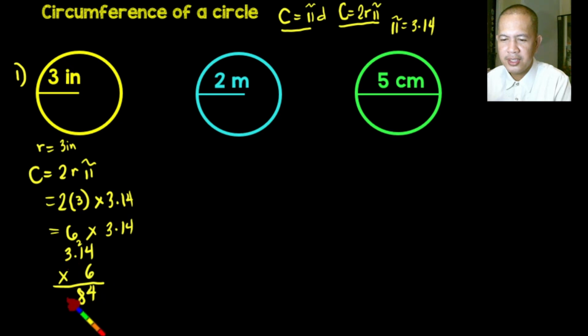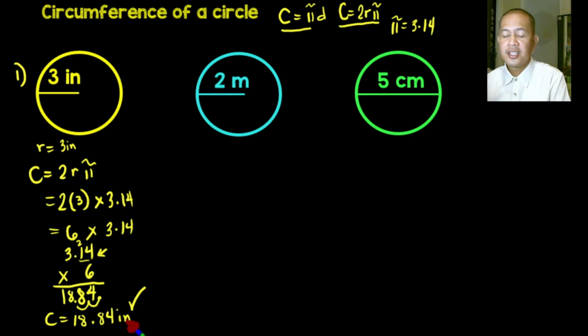And 6 times 3 is 18. After that, we count the number of decimal places in our factor. We get 2 decimal places, so we move 2 places in our product. Our final answer, the circumference of the circle, is 18.84 inches. That is the circumference of our first example.